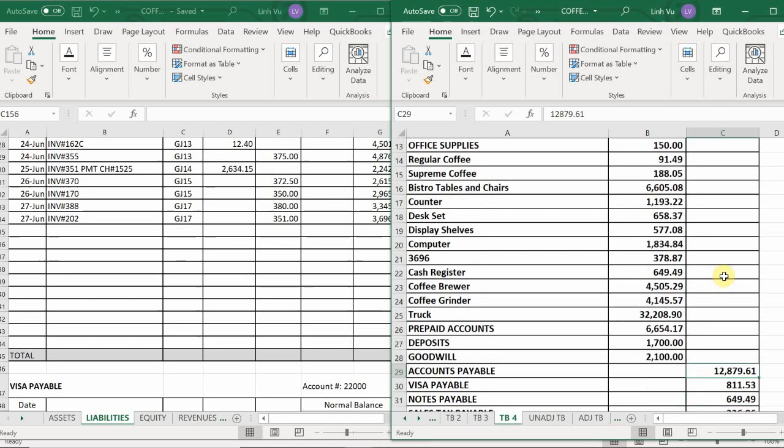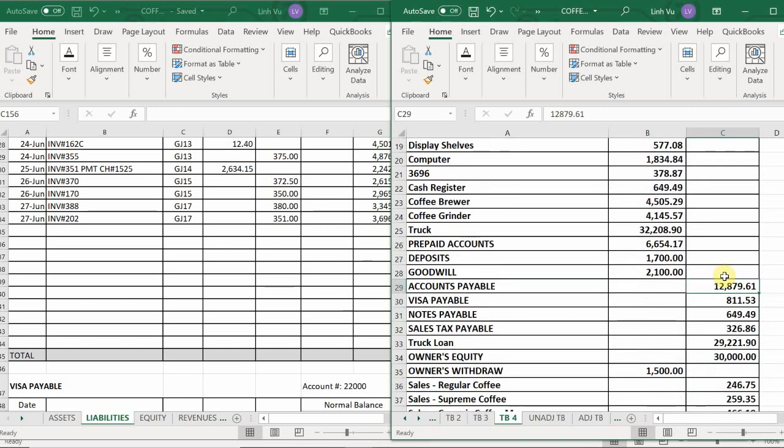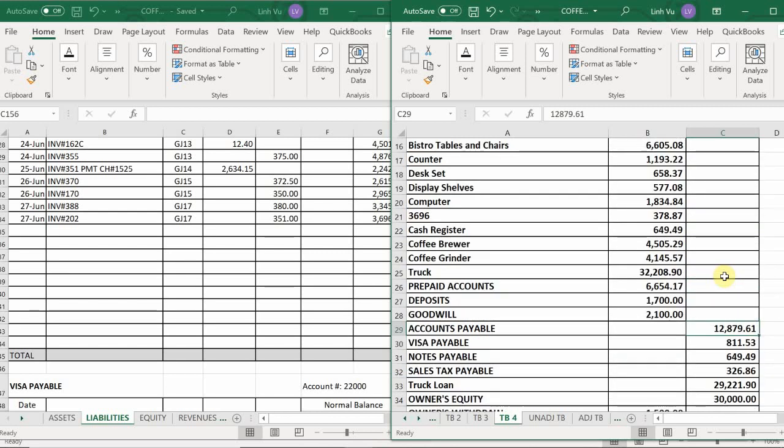Yeah, it went above the cash register. What happened? Right there, in between computer and cash register, you put the 36.96. It's supposed to be copier instead of the numbers. Oh, okay, I see. Got it.